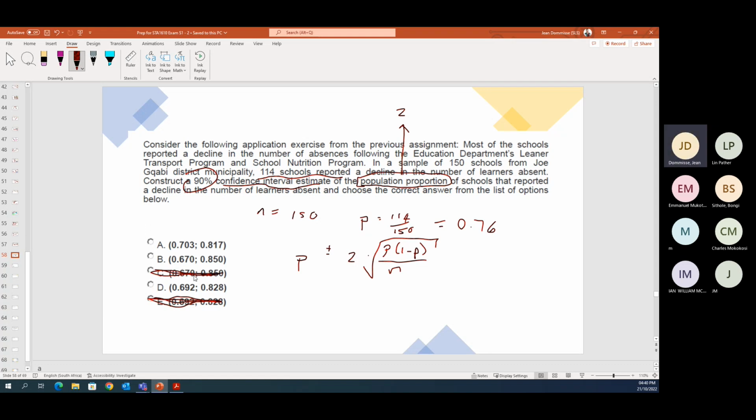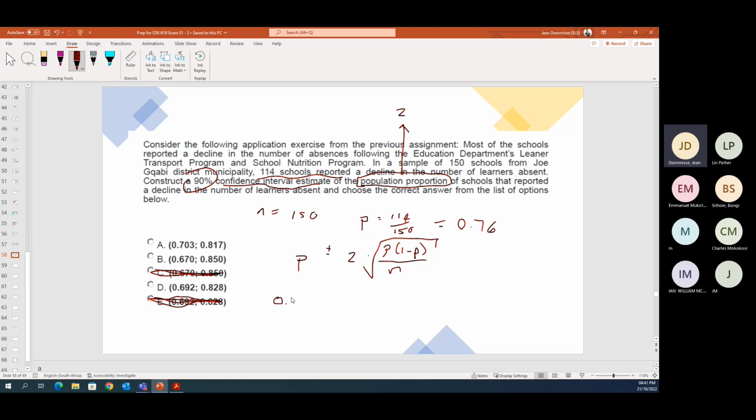But if it does, it will be to your benefit. They will either drop the question, or if B is the right answer, they will take B and C. If D is the right answer, they'll take D and E. Okay, but let's see what we get.